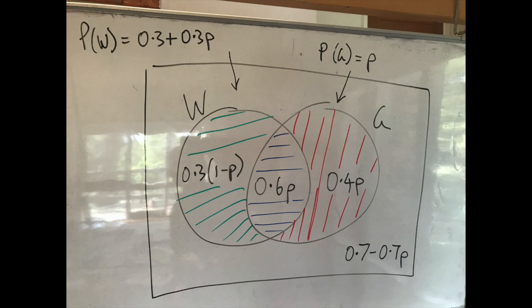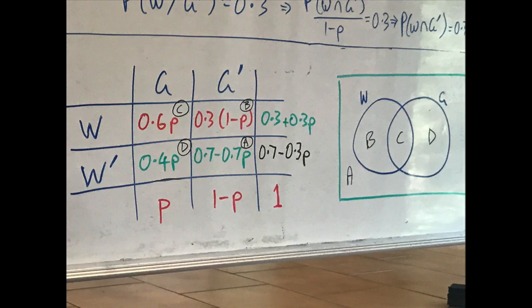And then last but not least, outside we've got not winning intersection Gavin not playing. So those four areas, A, B, C, D, are represented on your Venn diagram and match up with those corresponding sections in your Karnaugh map.